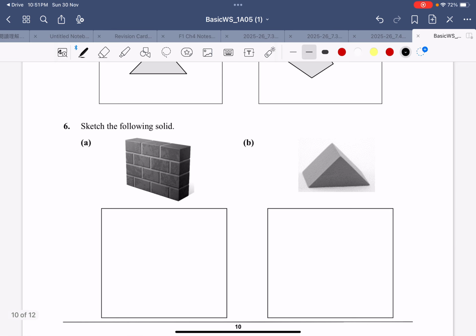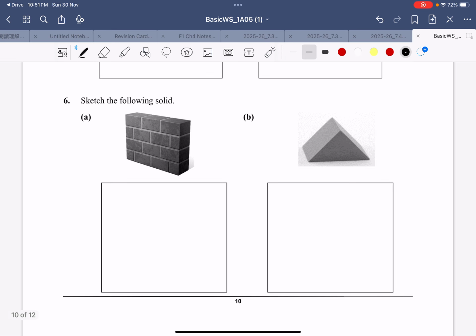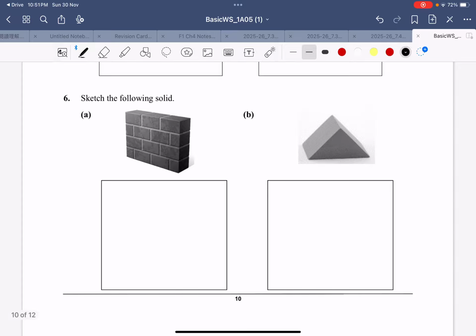And then sketch the following solid. Sketch the solid. How to sketch a solid? Okay, this is very difficult for me, I think, but I try.